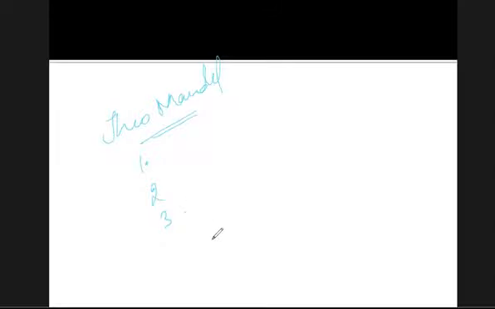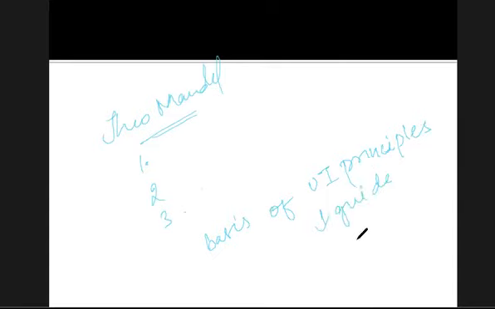Then you can say that these golden rules are used as a basis for user interface principles, and this is going to guide the different software design actions. This is what you're going to write for your 2 mark answer.